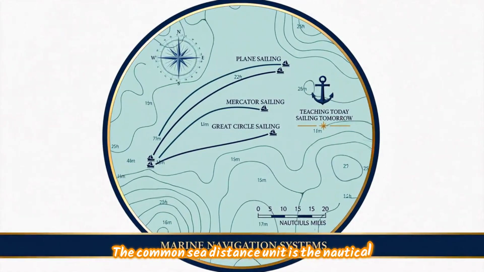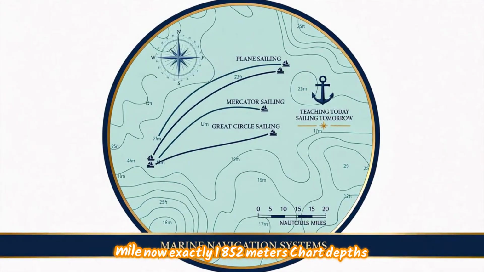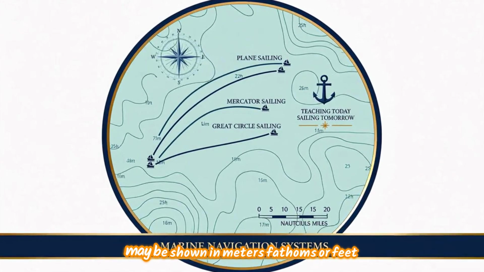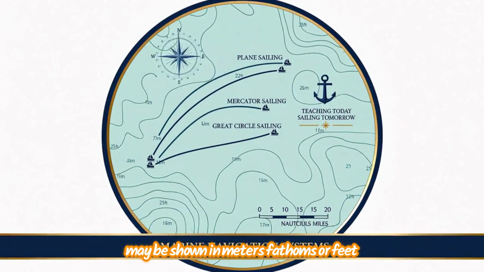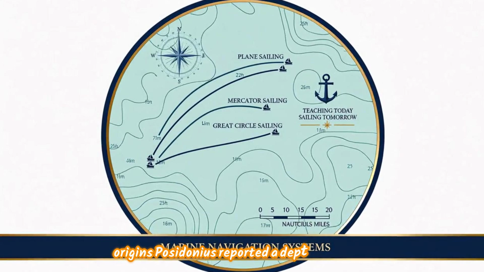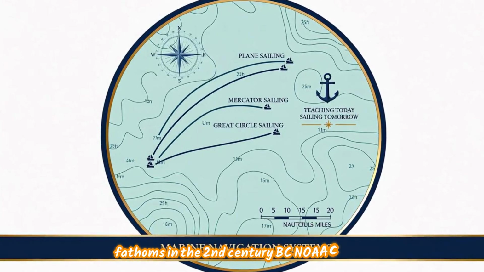The common sea distance unit is the nautical mile, now exactly 1,852 meters. Chart depths may be shown in meters, fathoms, or feet. A fathom, equal to 6 feet, has ancient origins. Posidonius reported a depth over 1,000 fathoms in the 2nd century BC.